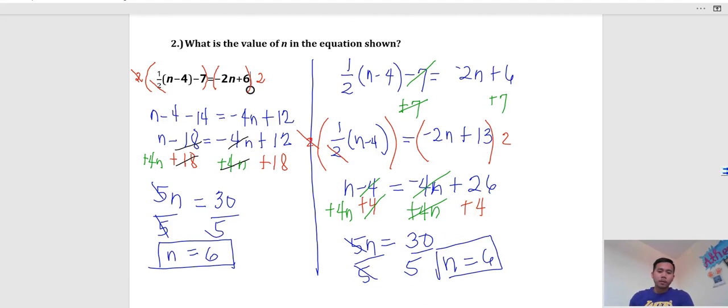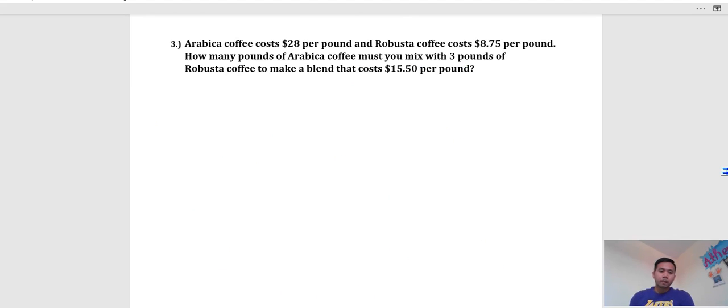All right. Our next problem is now a word problem. I want you to read the problem quietly. When you read the problem, the first thing that we have to do is make a table so that we can analyze the problem itself. So how many types of coffee are there?